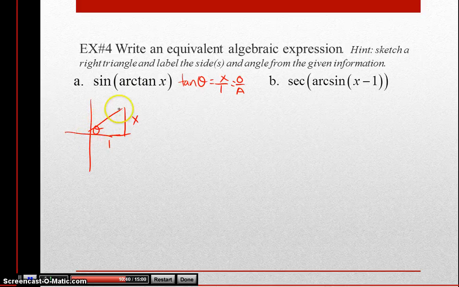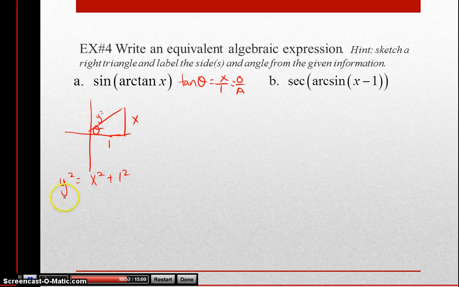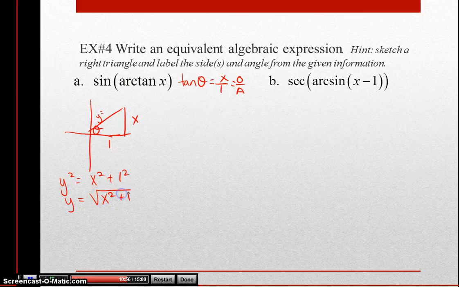So what we need to do is find the remaining side. We're going to use the Pythagorean theorem and just call this y for now. So y squared is equal to x squared plus 1 squared. So y is equal to the square root of x squared plus 1. So this whole side is the square root of x squared plus 1. That's the hypotenuse. Now we define theta, and we want to find the sine of theta.